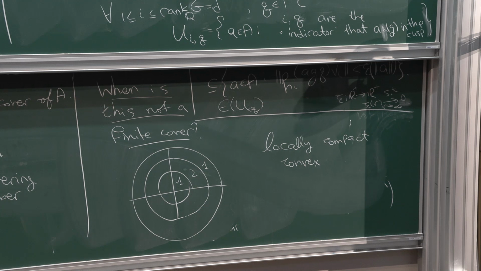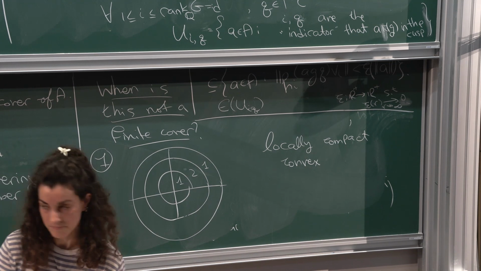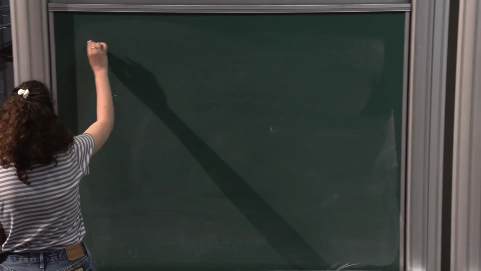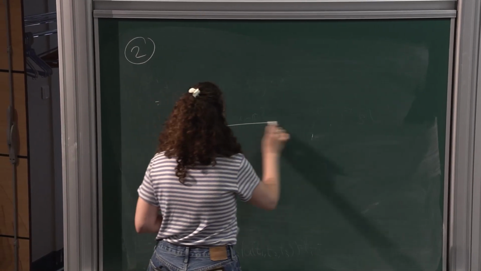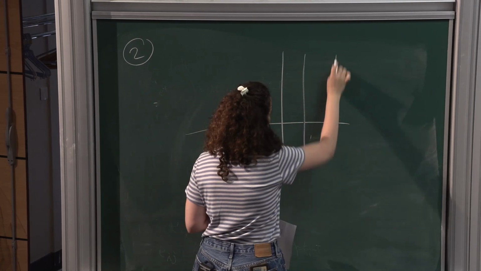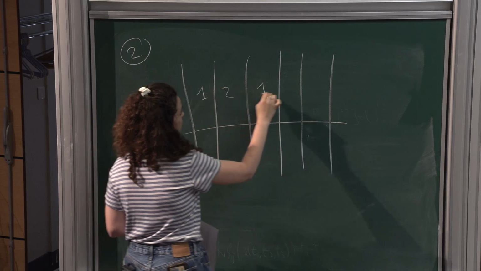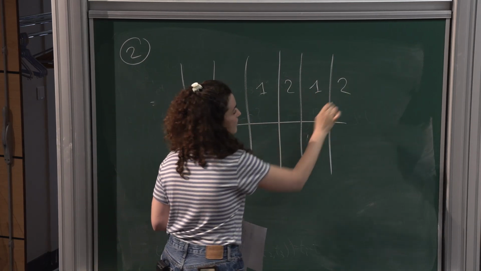Another problem that can happen, so this is one problem, which doesn't happen. And another problem that can happen is if we have cylinders. So we can also have a cover that looks like that, again of R^2. So like 1, 2, 1, 2, and so on.